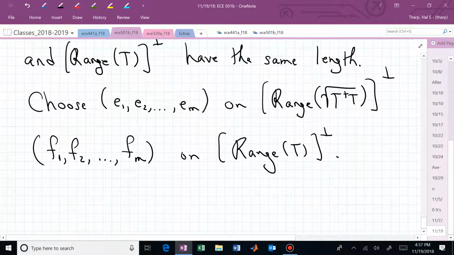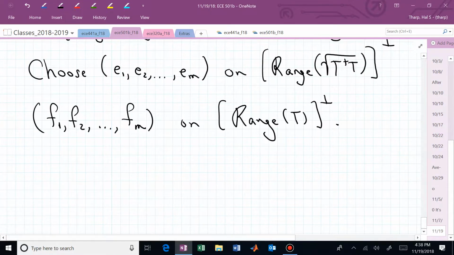So now we have an orthonormal basis of dimension m, we said 4, on one of these spaces, and we have another orthonormal basis, same length, on the orthogonal complement of the range of T. Let's define a new map that basically maps these e's into f's.